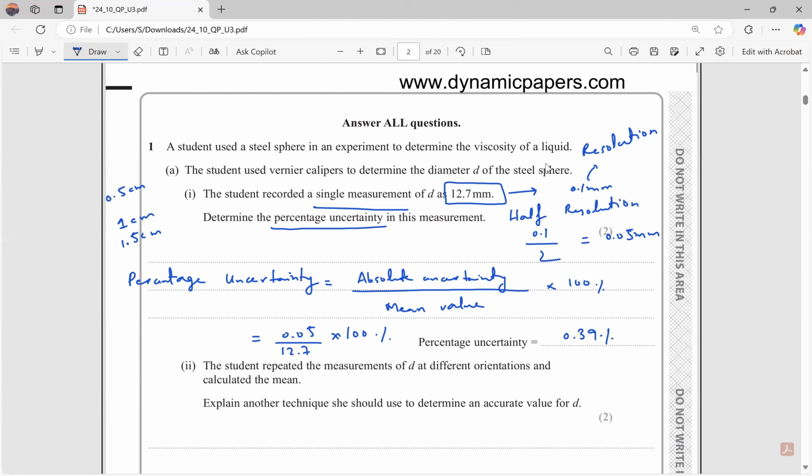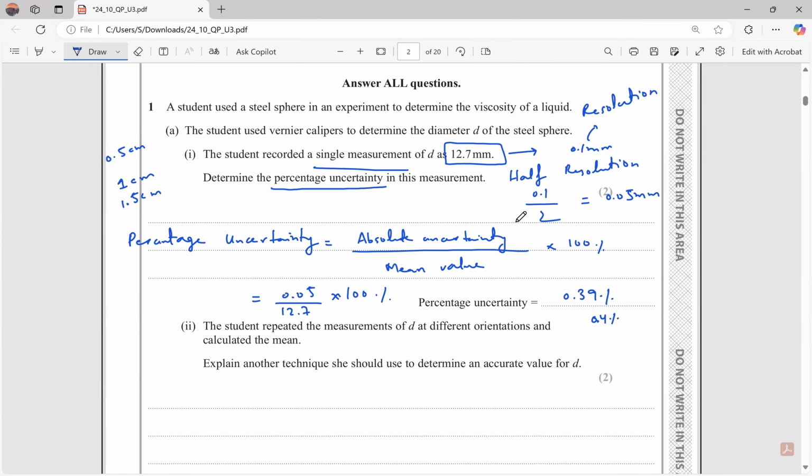And if we write it to one significant figure, because the absolute uncertainty is 0.05, that would be 0.4%. There you go. I hope that's clear. Let's move on to part 2.